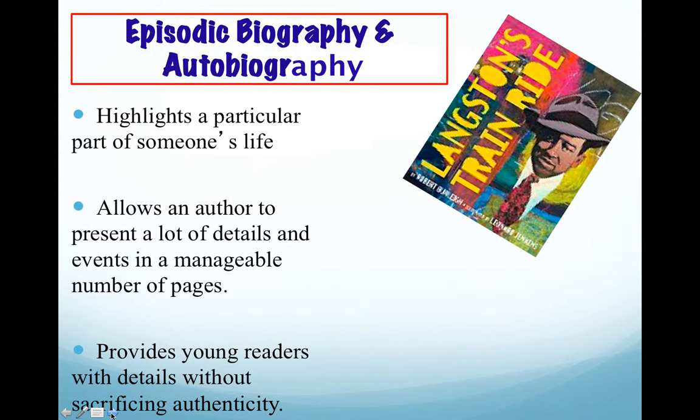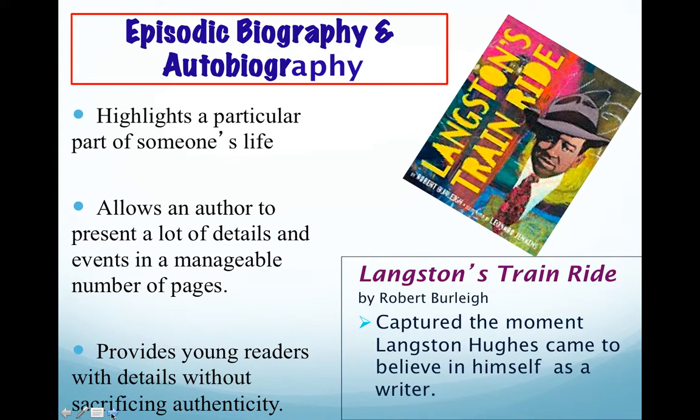So episodic biography and autobiography highlights a particular part of someone's life, allows an author to present a lot of details and events in a manageable number of pages, and provides young readers with details without sacrificing authenticity. So Langston's Train Ride is about Langston Hughes, and it captured the moment Langston Hughes came to believe in himself as a writer.